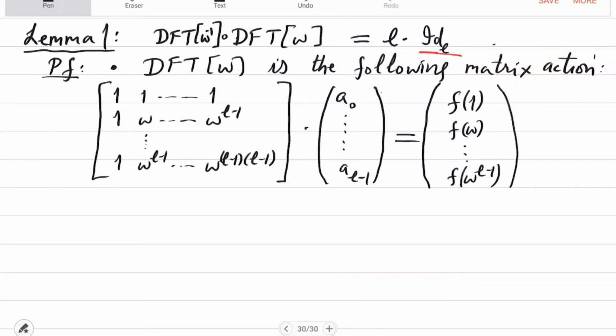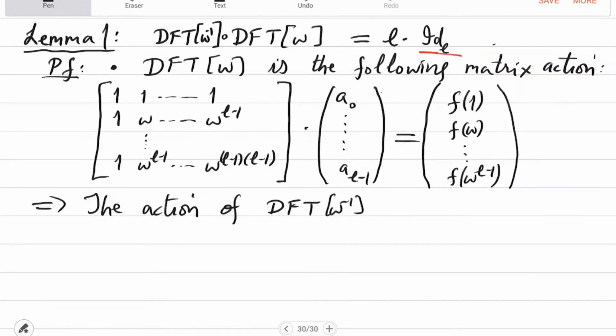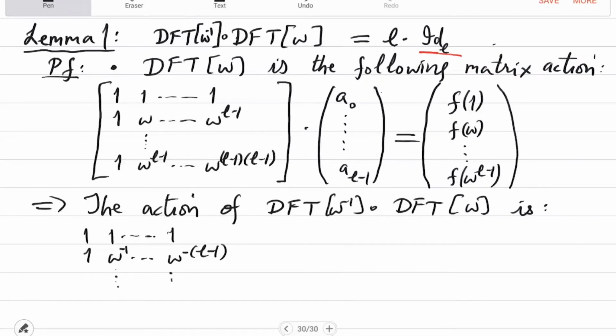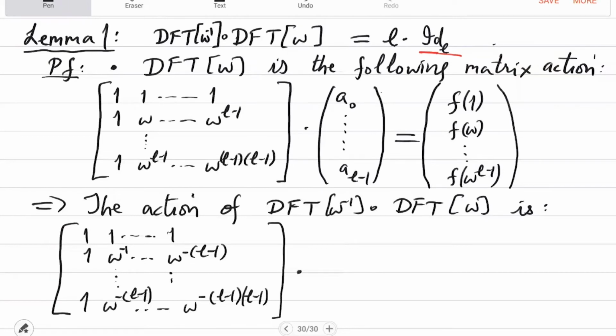You multiply on the left by the matrix where you replace omega by omega inverse. So this matrix times the above matrix.